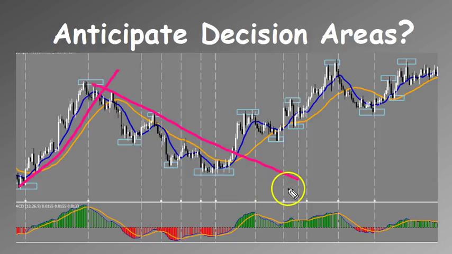Now, all of these areas of confluence, like trend lines, moving averages, support and resistance, but just to help you understand something, these areas are called decision areas where price direction may either accelerate, well, slow down in this case.